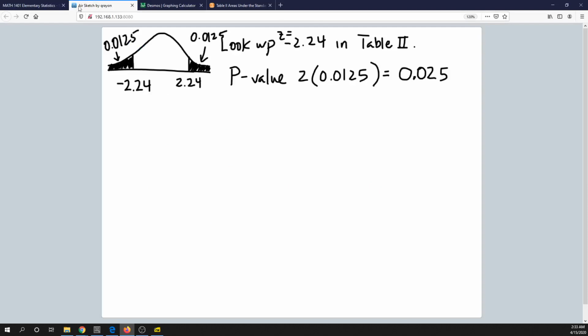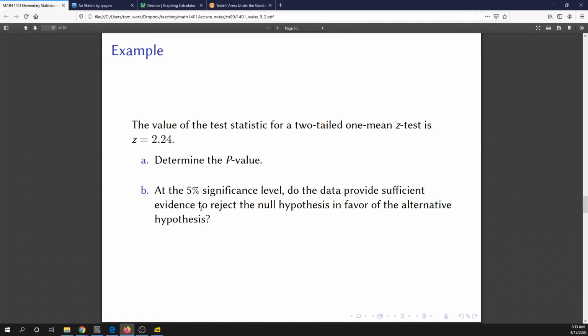Okay. And so next up, it says at the 5% significance level, do the data provide sufficient evidence to reject the null hypothesis in favor of the alternative hypothesis?